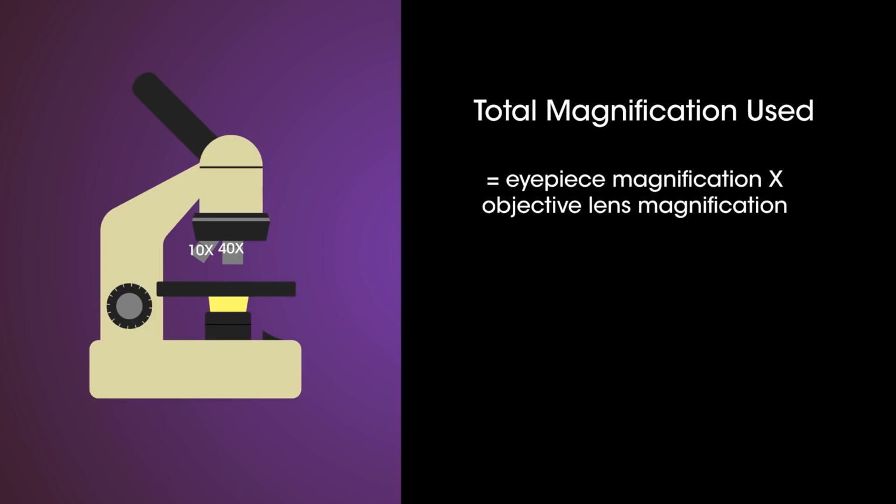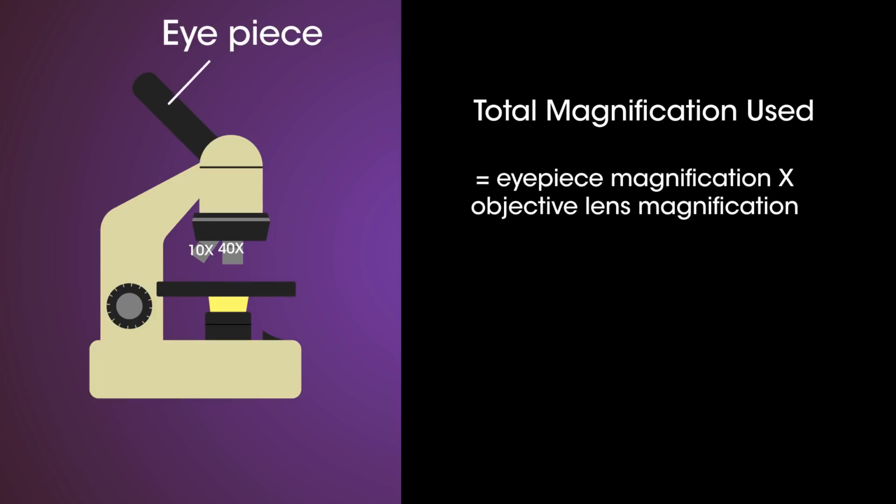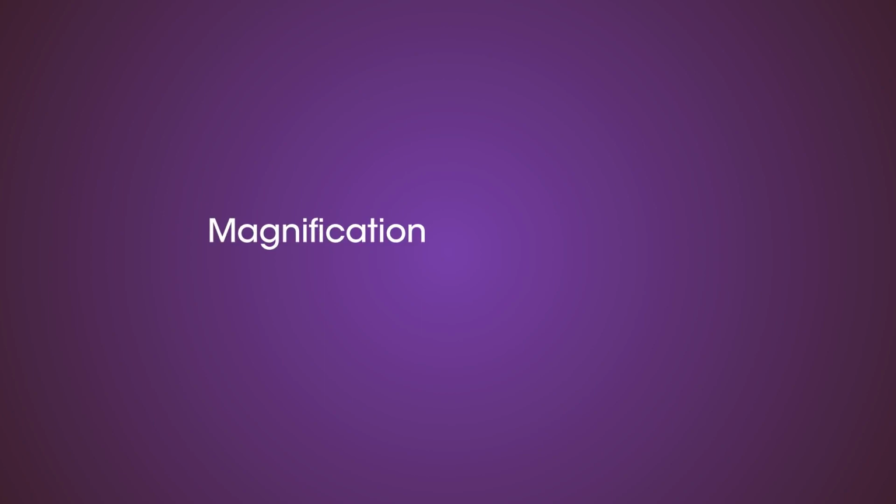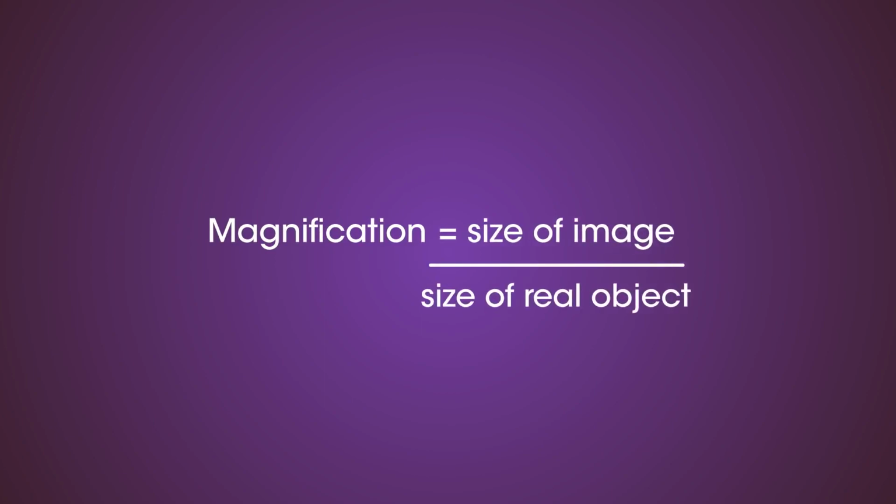This is calculated by multiplying the magnification of the eyepiece lens, which is normally ×10, by the magnification of the objective lens. You will also need to be able to use a magnification formula. Magnification equals size of image divided by size of real object.